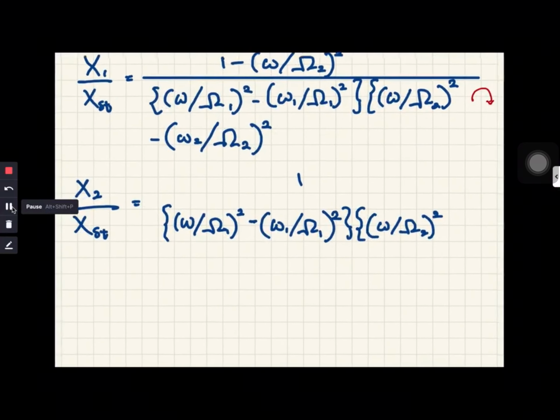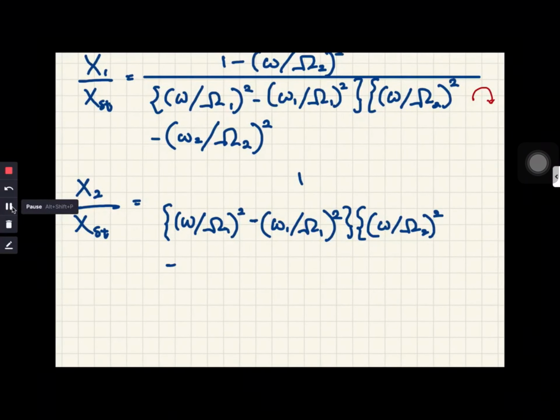Again we'll continue down here, minus omega 2 divided by capital omega 2 squared.